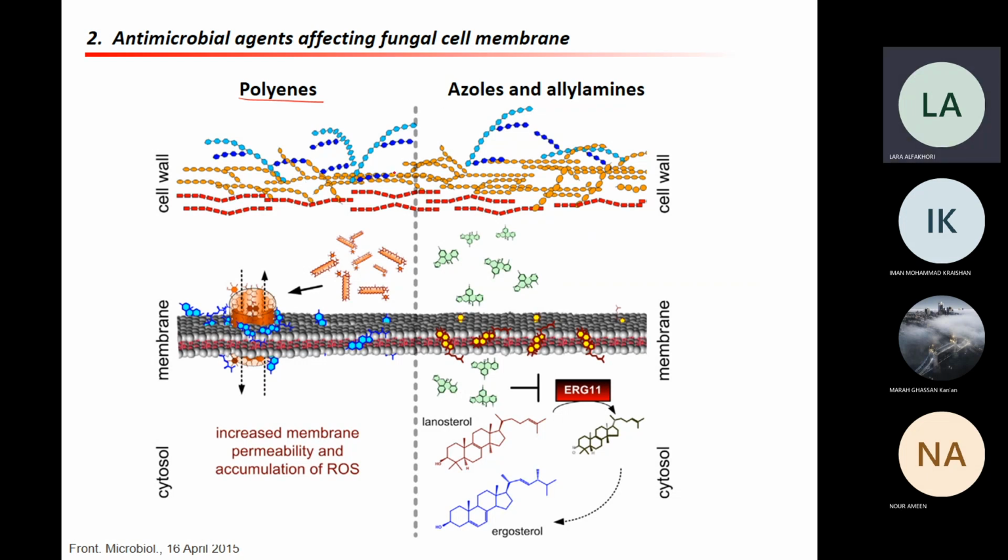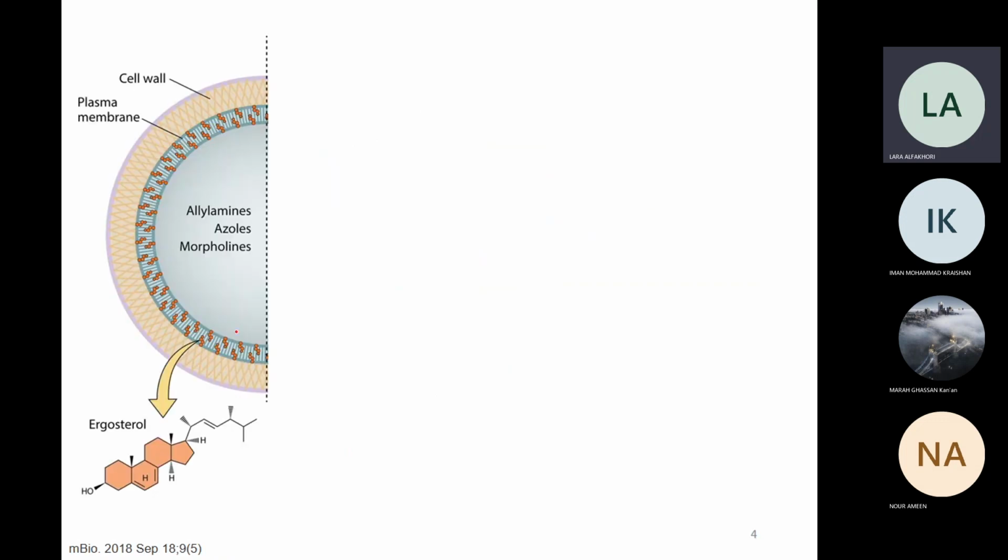Now, before we talk about those two classes, let's talk about ergosterol, what the ergosterol structure is and what it does. Ergosterol, which is represented here by those orange structures, is, as you can see, structurally classified as what? It's a steroid, okay, it has a steroidal backbone.